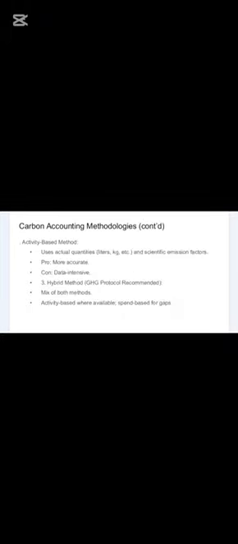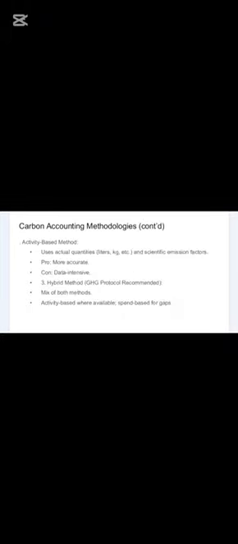Since spend-based methods' emission factors are built on the industry average greenhouse gas emission levels, spend-based calculations can lack specificity. For example, if you buy a chair, a spend-based approach would only factor in that you bought a piece of furniture and wouldn't account for whether the chair was made of iron or wood.